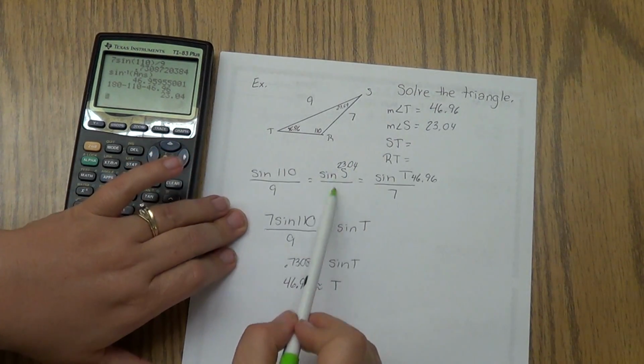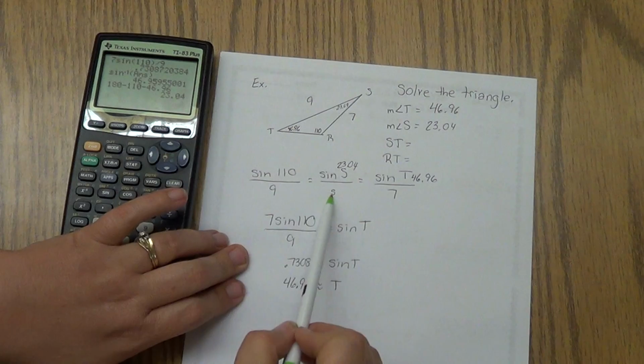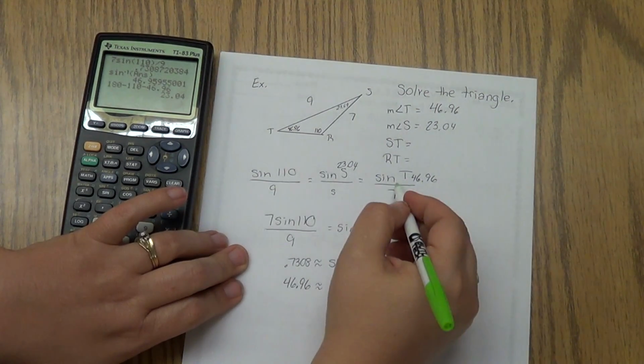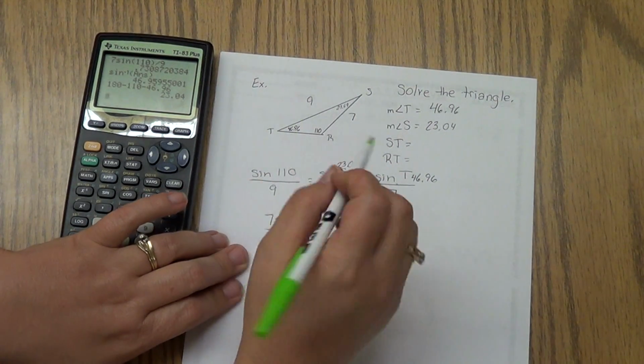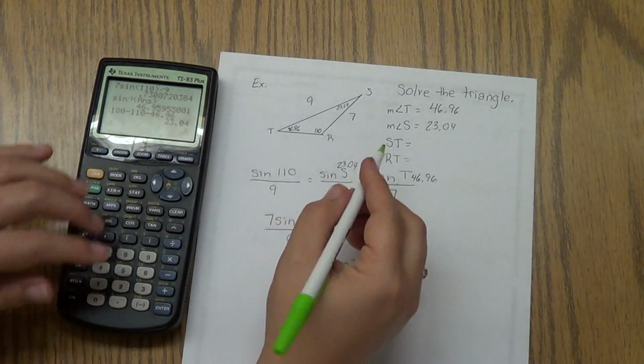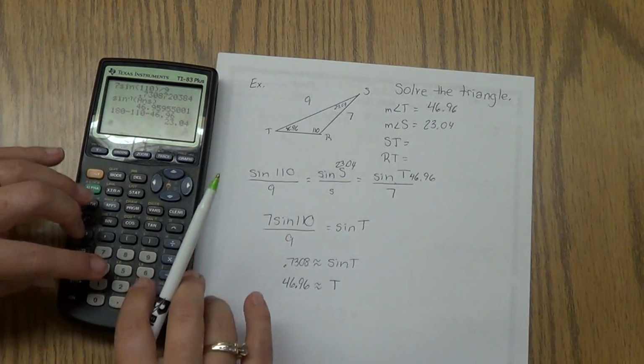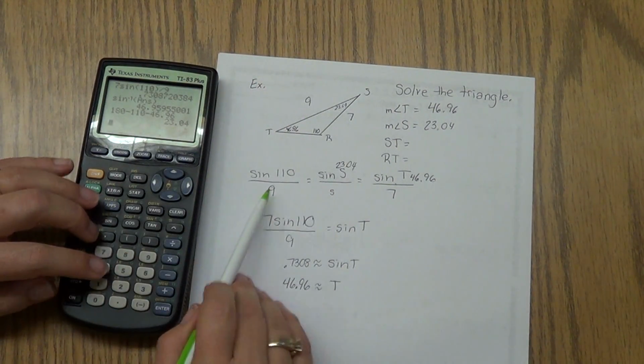Now I have one of these two so that I can cross multiply divide to find the other one. And again, could you use this? Yes, but better to go back to the one you know for sure. So I have sine of 23.04 times 9.